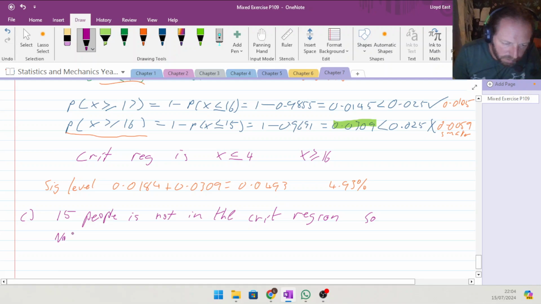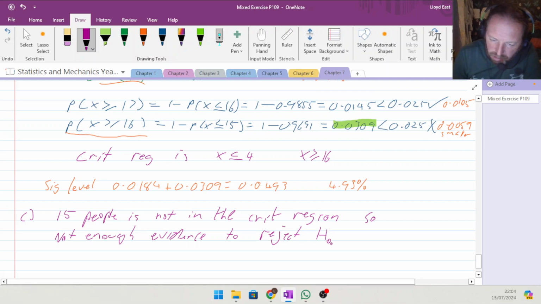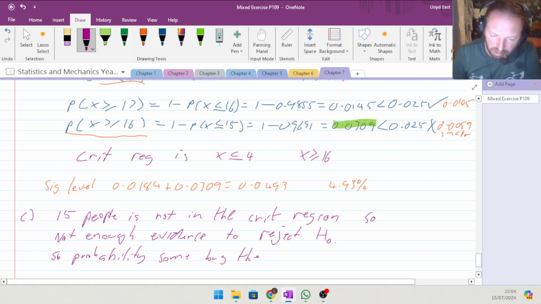So there is not enough evidence to reject H0. So the probability someone buys the make of PC is 0.2.